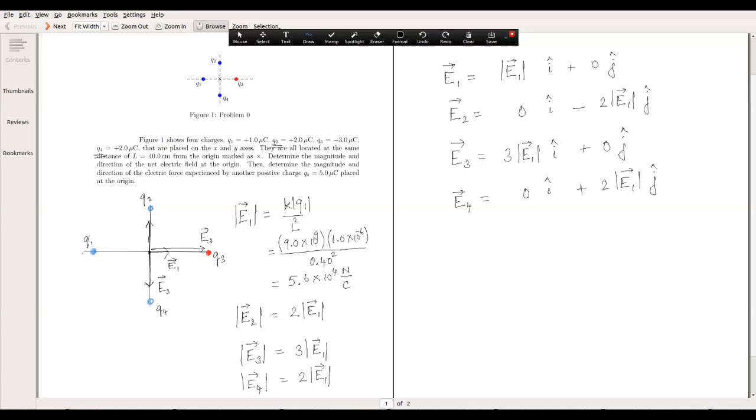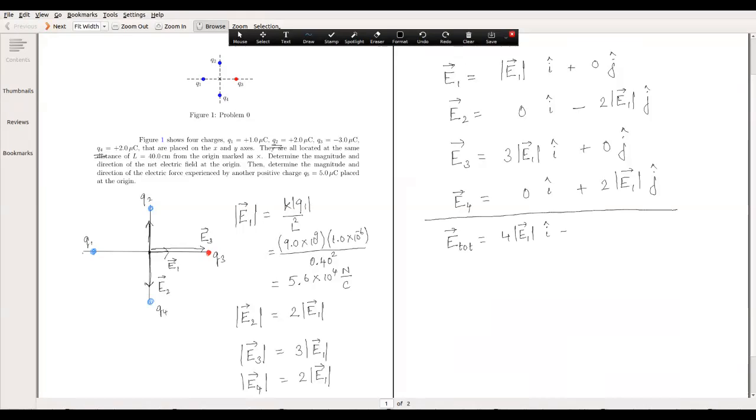The total electric field at the observation point, which is the origin, will be the sum of all these field vectors. So E total would be, these two cancel out, notice, and here they add up. So it is 4 times E1 times i hat.